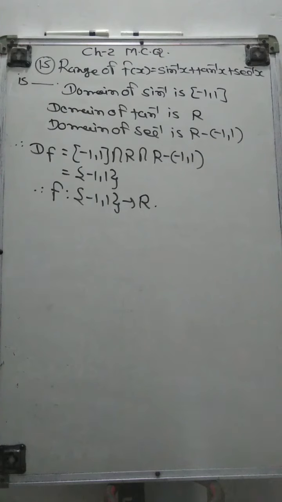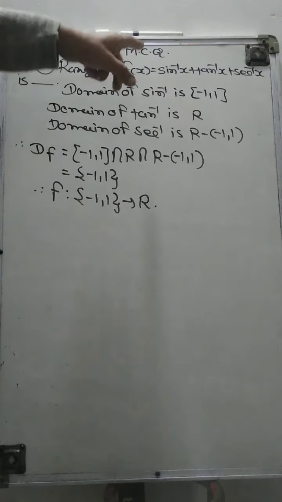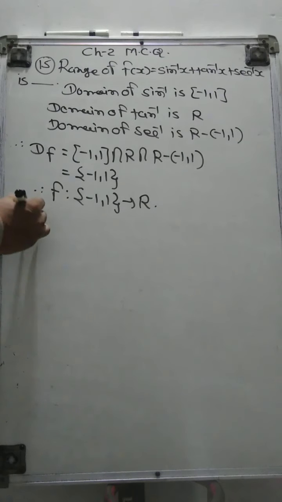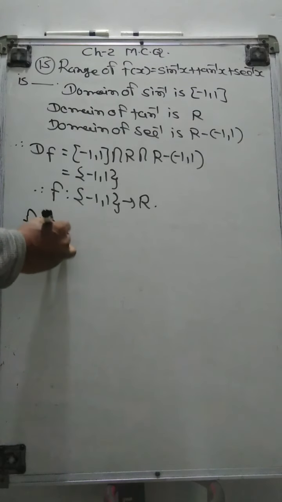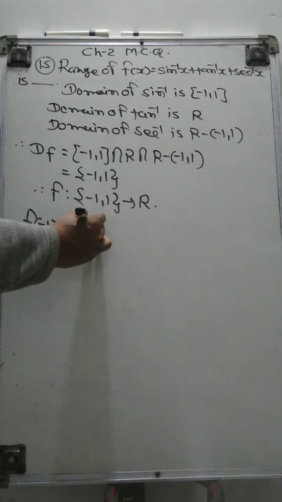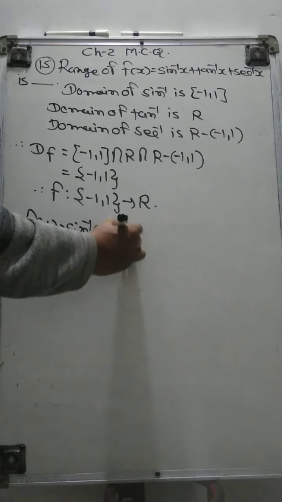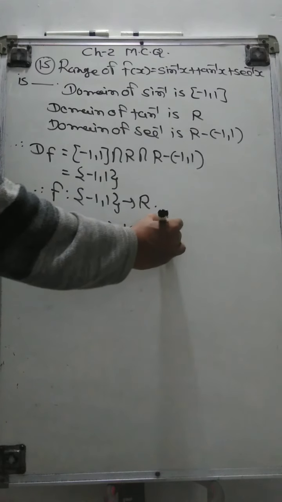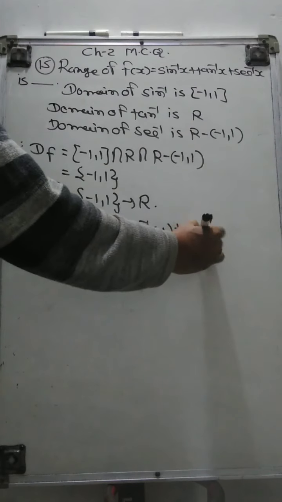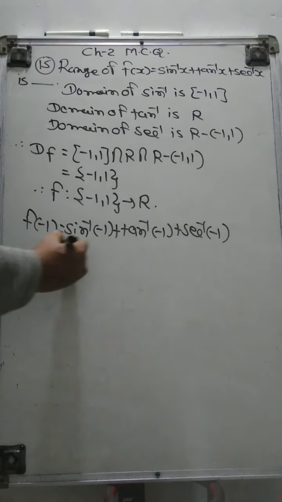Now we want to find the range. Therefore, we put -1 and 1 in the given function. So we have f(-1) is sin inverse -1, plus tan inverse -1, plus sec inverse -1.